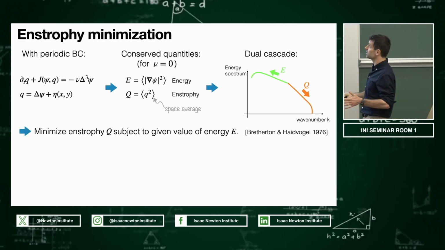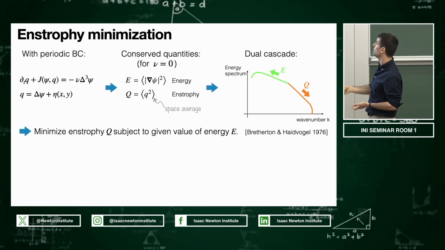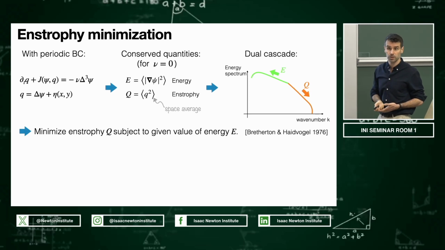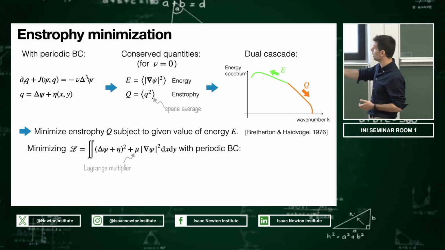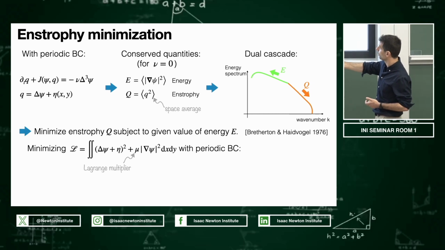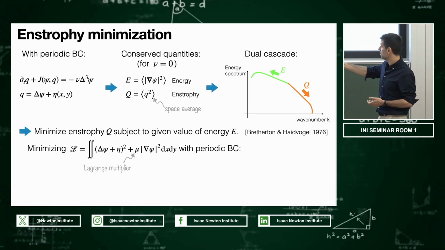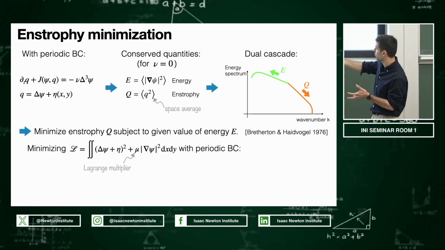Okay, so the selective decay principle then becomes you should minimize the entropy Q subject to a given value of the energy E, which would be the initial energy of the system. How do you do that? Well, you define a functional, here L, which is the integral of Q squared, okay, so that's capital Q, and you include the Lagrange multiplier to conserve the energy in the system. Okay, so you want to minimize Q subject to conservation of the initial energy of the system.